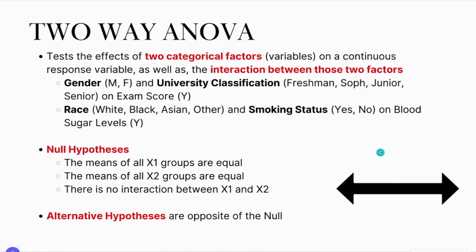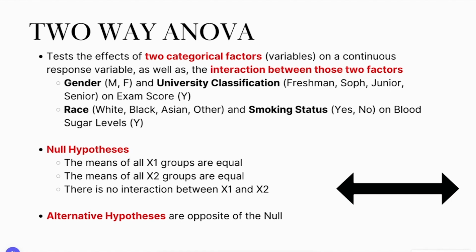So, two-way ANOVA is going to test the effects of two categorical factors on a continuous response variable, as well as the interaction between these two categorical factors. So, for instance, you could look at gender that has two levels, males and females, and university classification that has four levels, freshman, sophomore, junior, and senior, and their effect on exam score, which is going to be your continuous response variable.